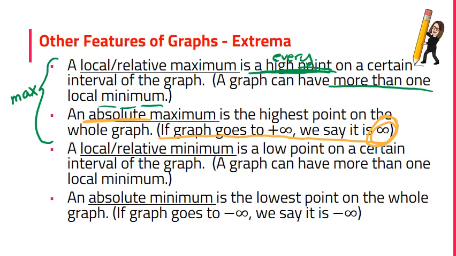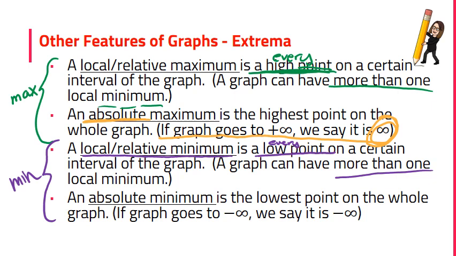Therefore, the opposite is true when we talk about minimums. Okay, let's abbreviate this. A local or relative minimum is every low point that's included, because you can have more than one. So every bottom of the valley, bottom of the curve, bottom point, is considered a local or relative minimum.